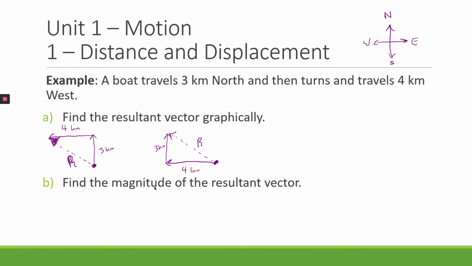So now we're going to find the magnitude of that resultant vector. So if here is our movement, our actual position change, we need to know the magnitude, the actual length of that vector. So how can we do that? Well, this is a right angle triangle, right?